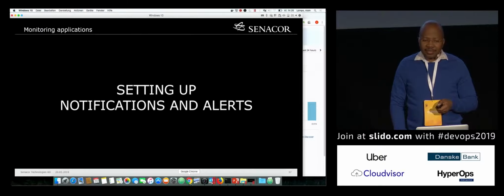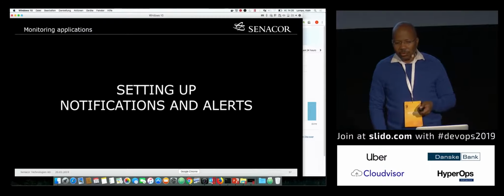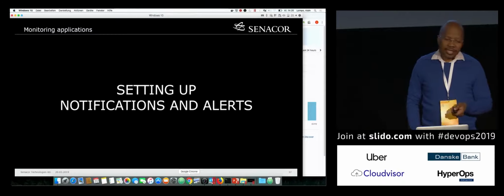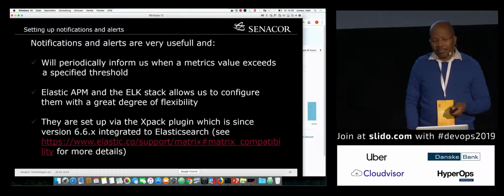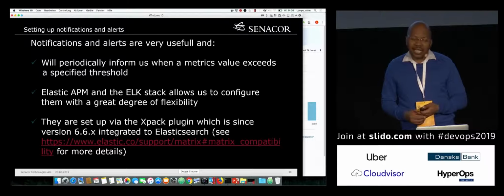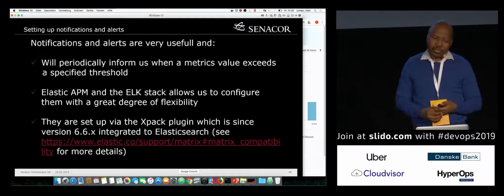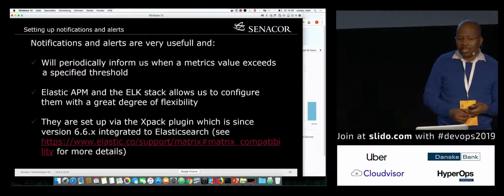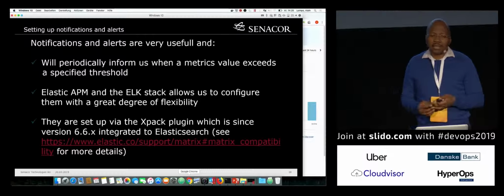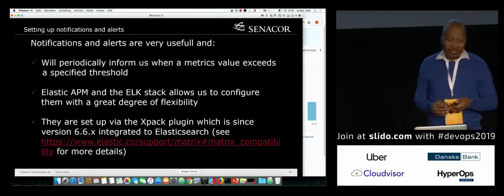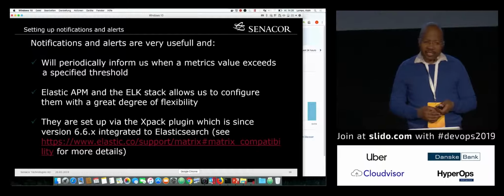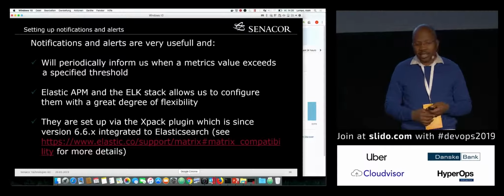The last part I want to speak about quickly is notifications and alerts. That's something very useful that we can do also with Elastic APM. It's not new with Elastic APM. It was already part of the Elasticsearch ecosystem, but it's enhanced with Elastic APM. So it's a way to periodically inform us when any metric exceeds some threshold values, then a notification is triggered, an alert can be generated, and we can react very quickly and try to solve the problem.